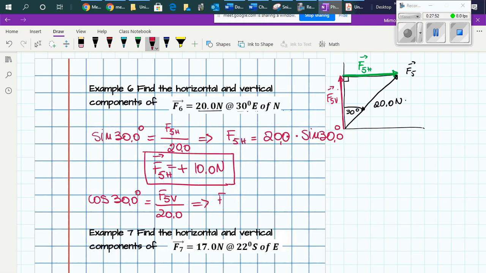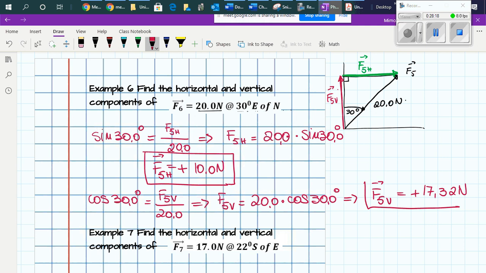From here, the vertical component will be 20 times cosine 30. So then we can find that 20 times cosine 30 is positive because it's going north, 17.32 newtons. Do you have questions?